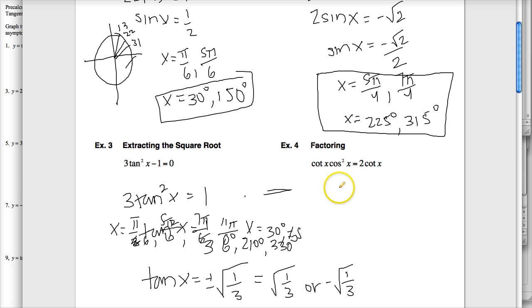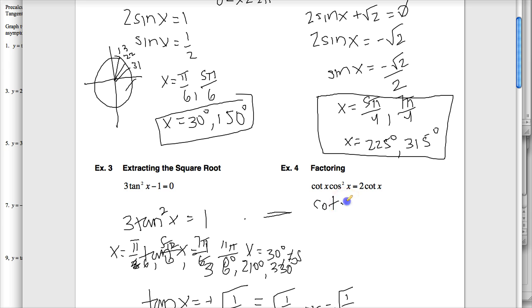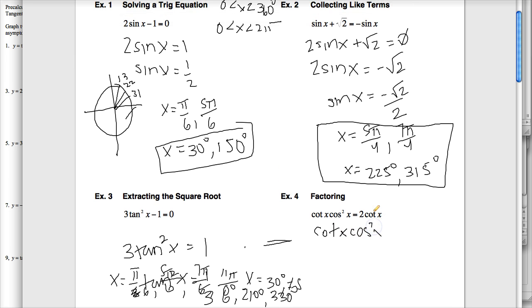Just like if we had a regular algebra 1 problem, I'm going to move these all to one side. So this is going to turn into cotangent x cosine squared x equals, okay, let's rewrite the problem.